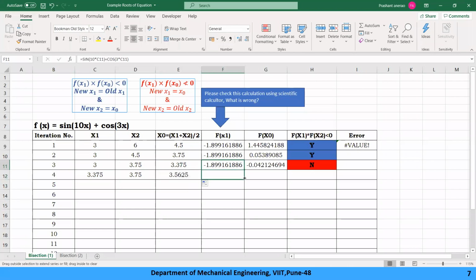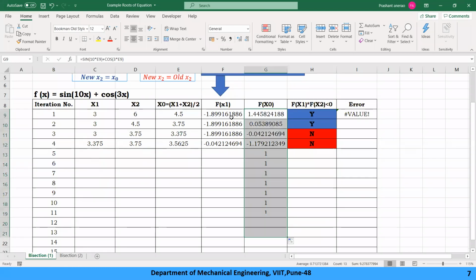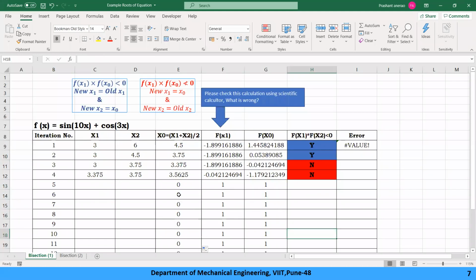We will find x1 and x0. Again, the multiplication of both is positive. That means this red condition holds, and we will proceed like this. I hope you guys are understanding this. Is everyone following? So what should we do next?